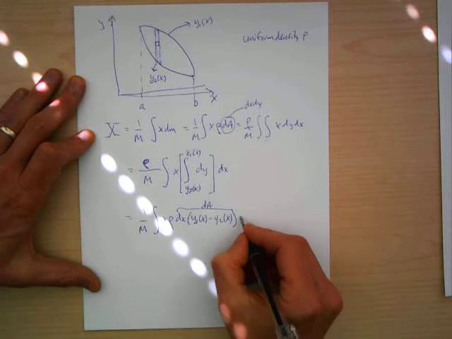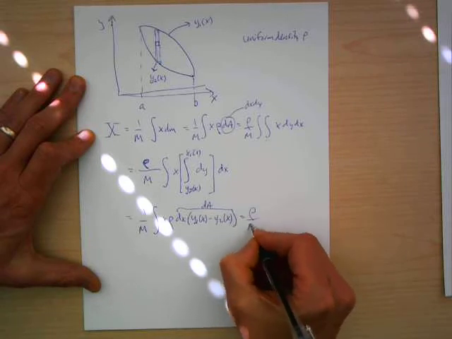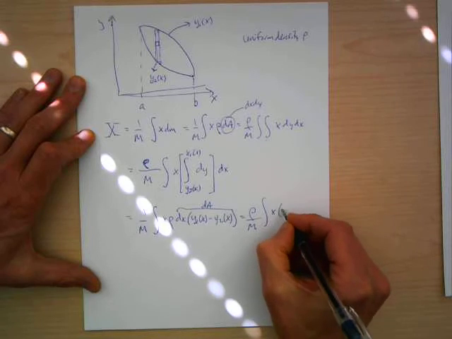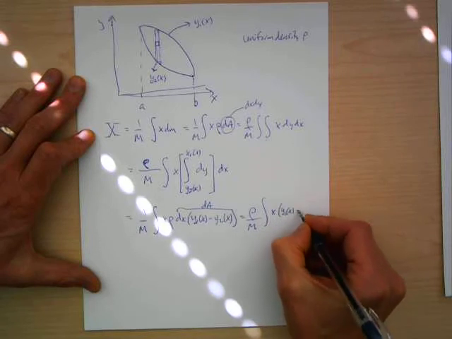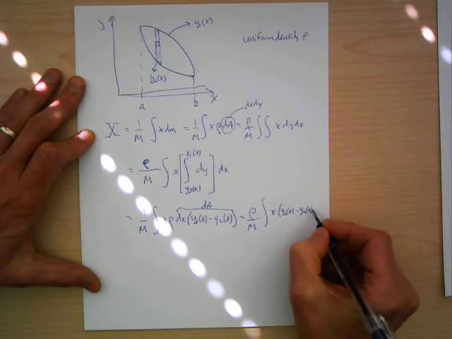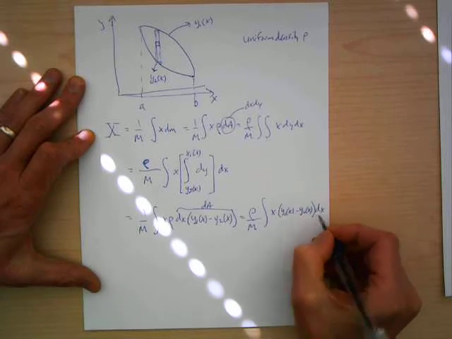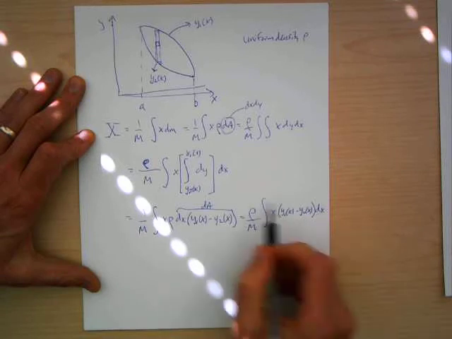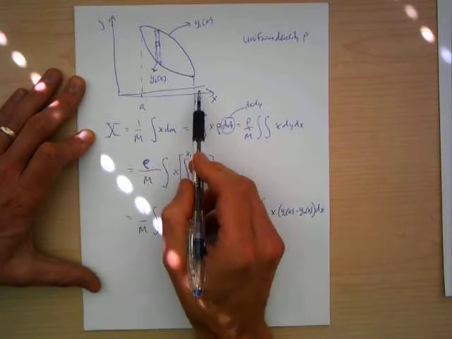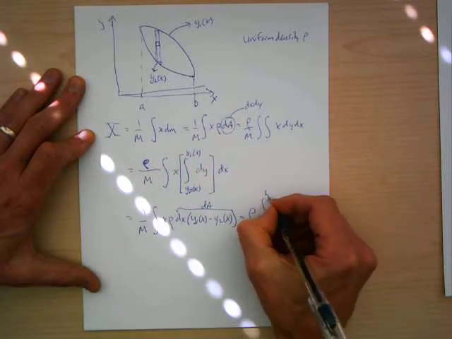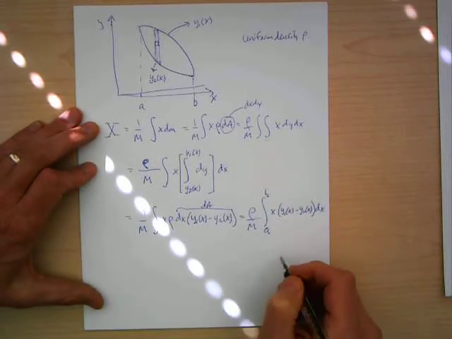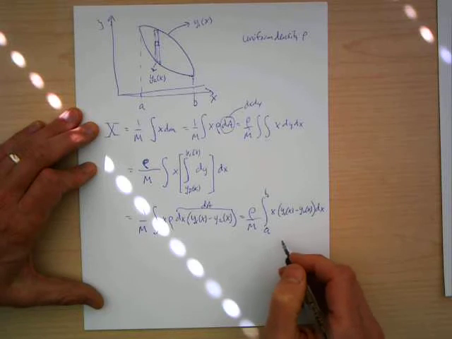So that plunks us right down here. And I can clean this up a little bit. Again, the rho, the constant, comes out. It's an integral of x times y1 of x minus y2 of x dx. From, and oh, from where? So where's my x integral going from? It's going from a to b, so I can put limits on that. Cool.